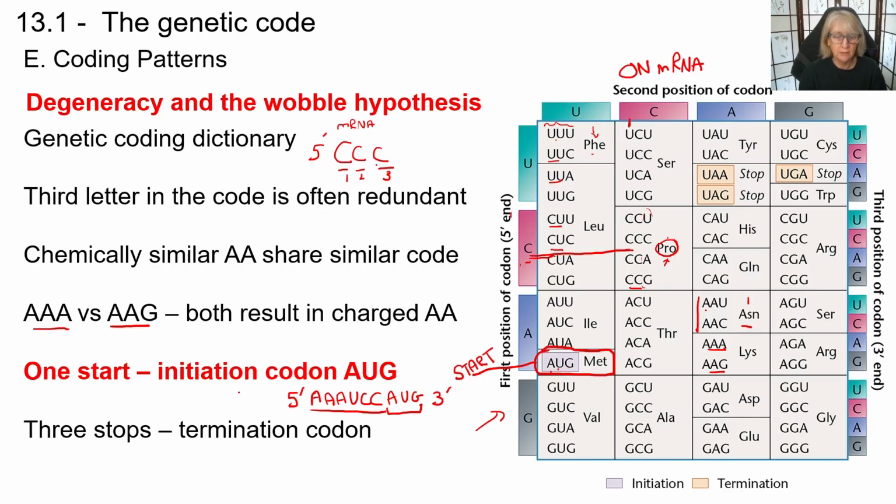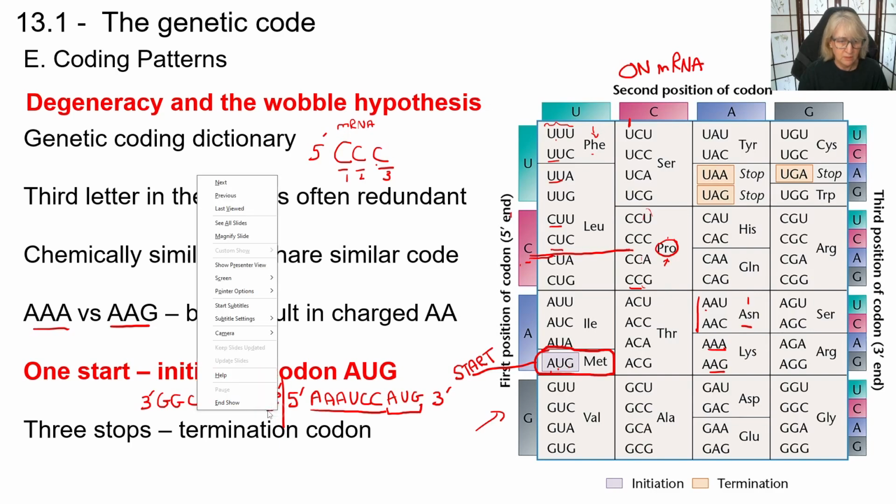I do want to point out too that if I flip this and I gave you a code that looked like this, G, G, C, A, G, U, A, C, C. If I'm reading this code, I still have to read it from 5' to 3'. I just wrote it backwards on the paper.